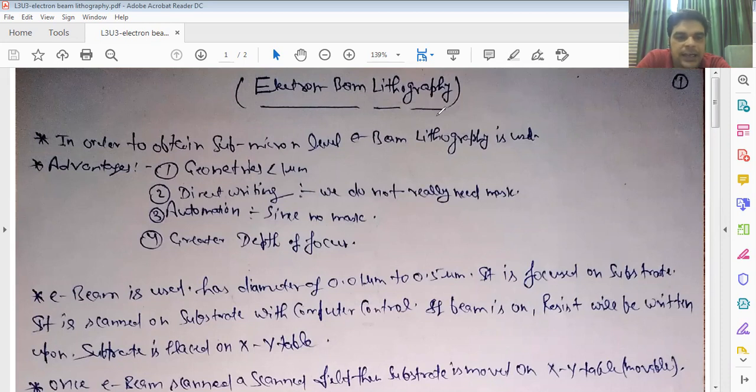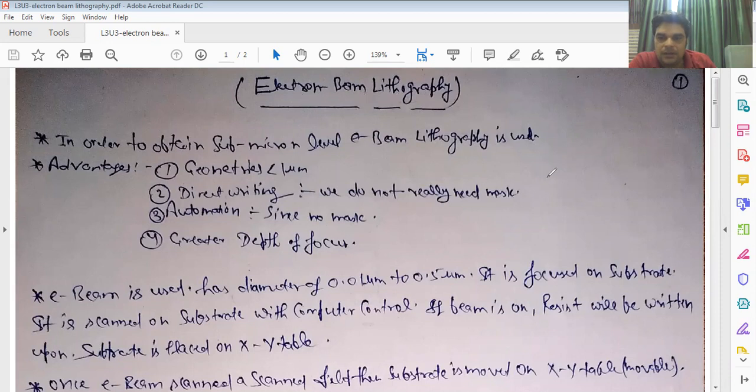We can directly write onto the substrate. So what is the meaning of direct writing? Direct writing means that in case of electron beam lithography, we do not really need a mask.